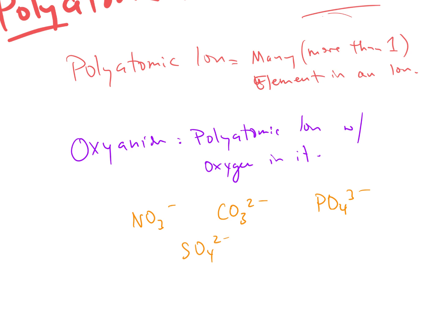More than that, but those are some examples. Good? Okay. So let's write the chemical formula with a polyatomic ion in it.